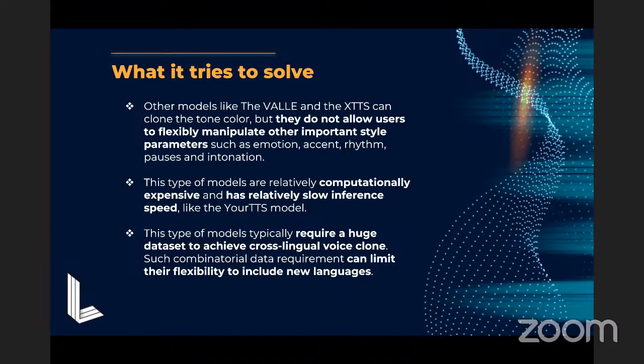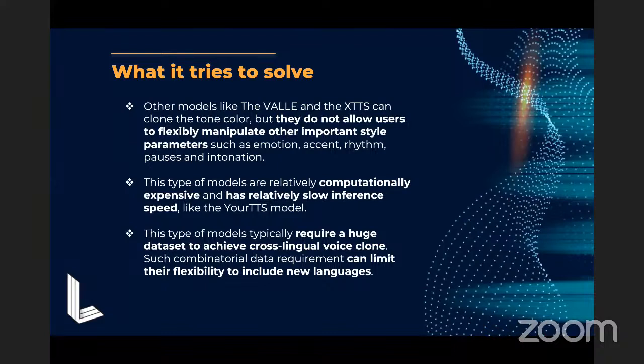If you want to make a voice with different emotions, with different accents and rhythms, they cannot perform this. And one drawback is that you have to use a lot of computation to train them, so they're relatively more expensive.